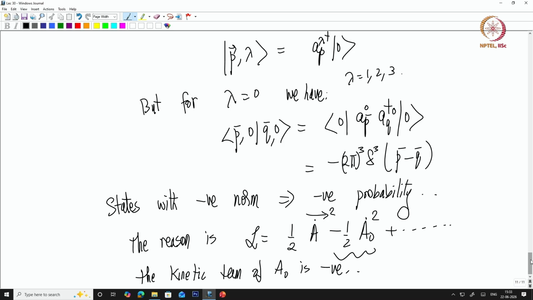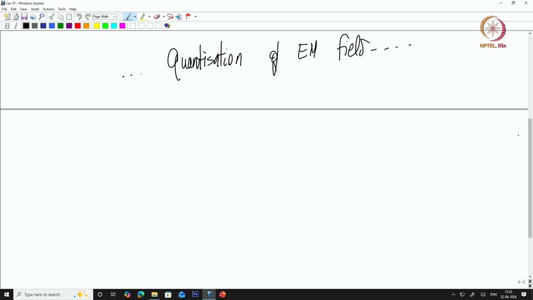Now, how do we solve this problem? That is the issue we are going ahead with: there are negative norm states for A0. But this does not make sense because it means negative probability, and so on.